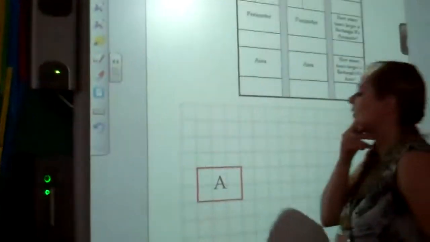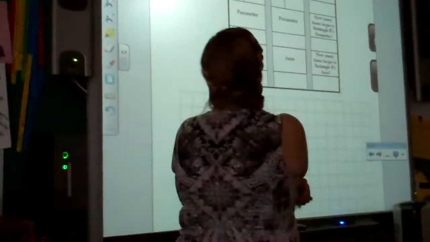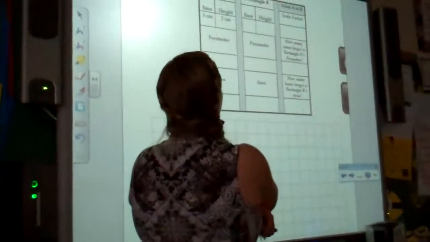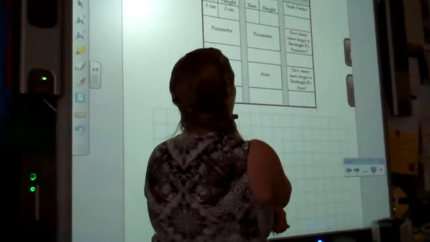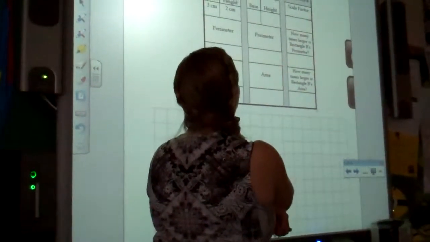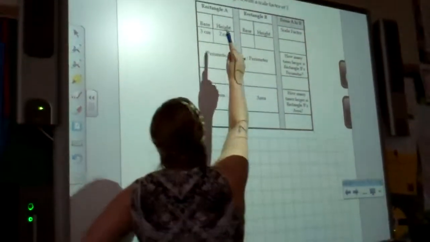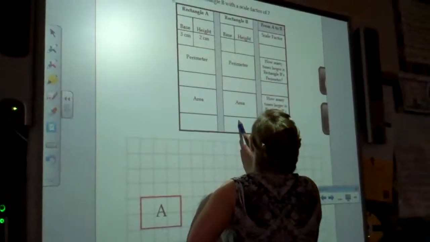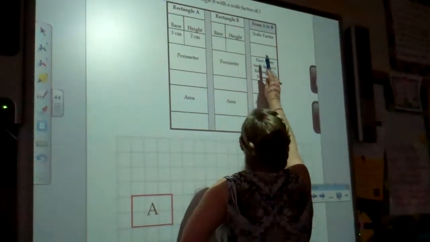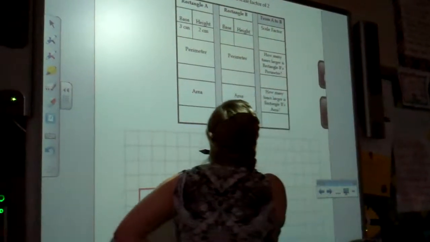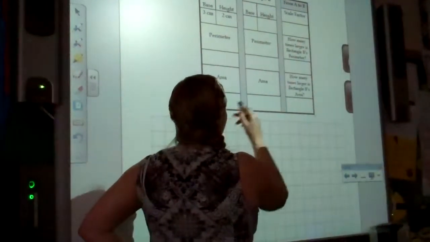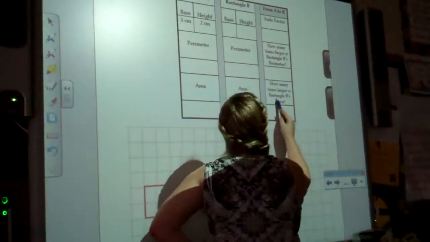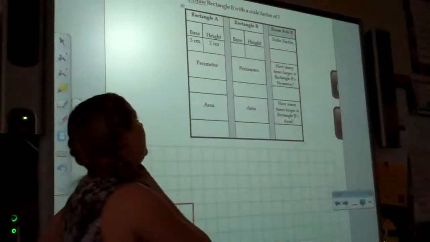Excellent. Okay. So here I have problem number 1, and it says draw rectangle B with a scale factor of 2. And I see that I have a column here for rectangle A, and a column here for rectangle B, and here they're talking about from A to B. They're talking about my scale factor, and here they're talking about perimeter, and here they're talking about area.